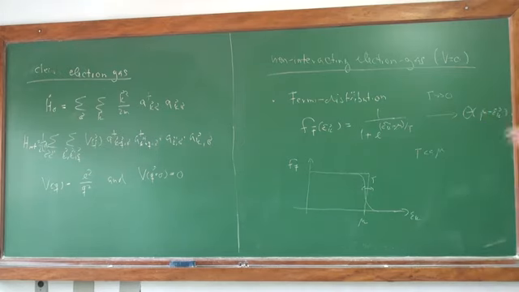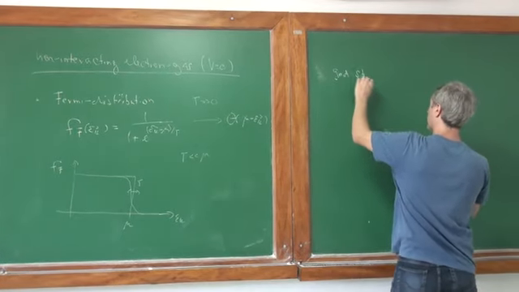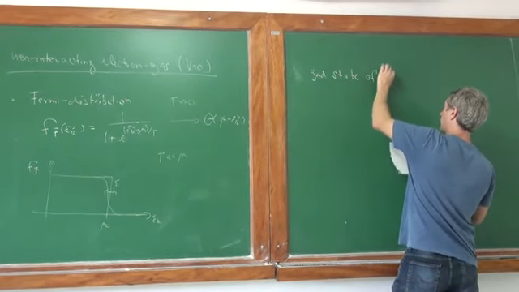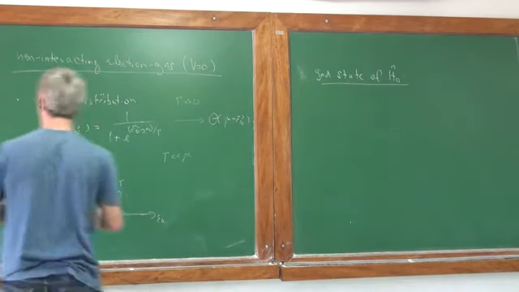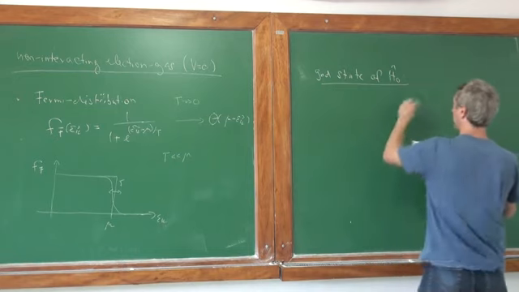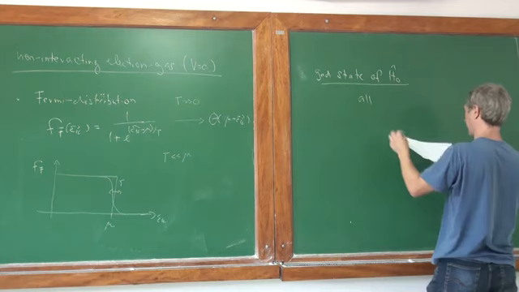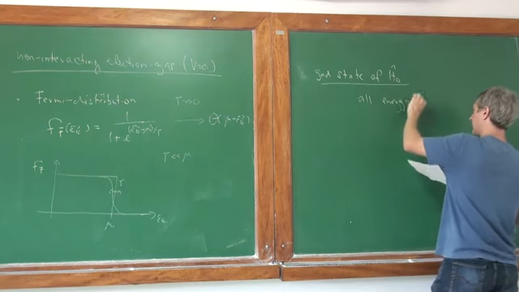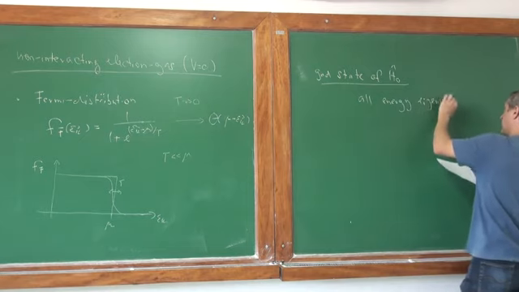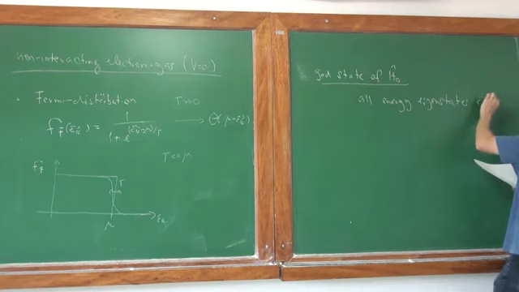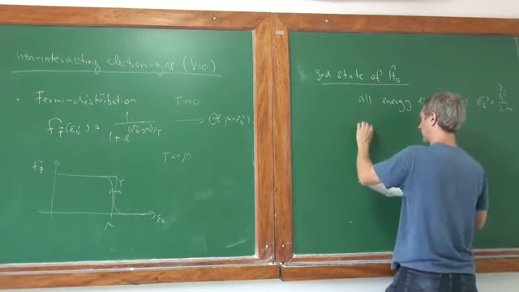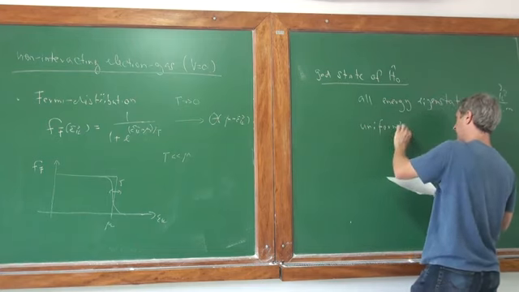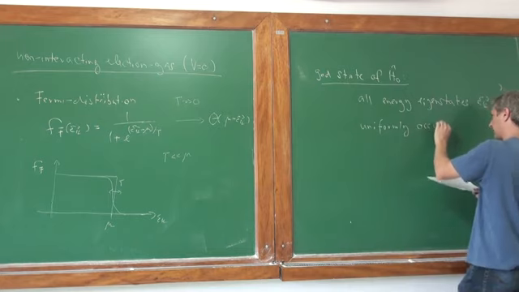But first let's recall that the ground state of the non-interacting problem, H0, the ground state of this Hamiltonian, is just that all energy eigenstates, given by k squared over 2m, are filled up uniformly, occupied up to the chemical potential.